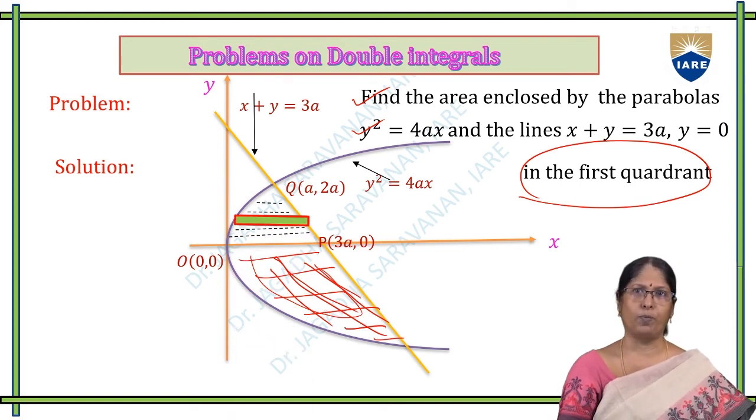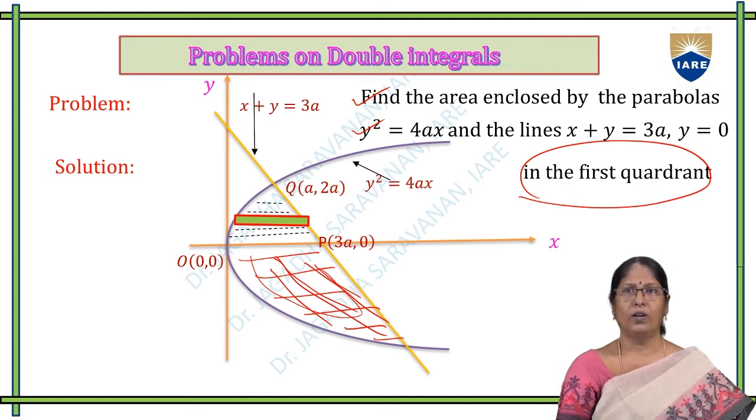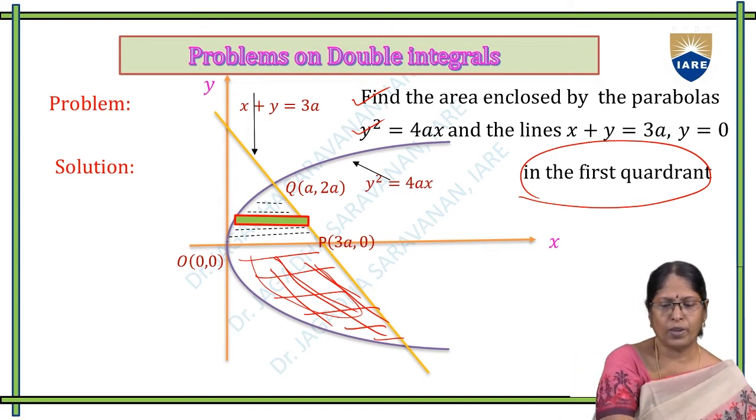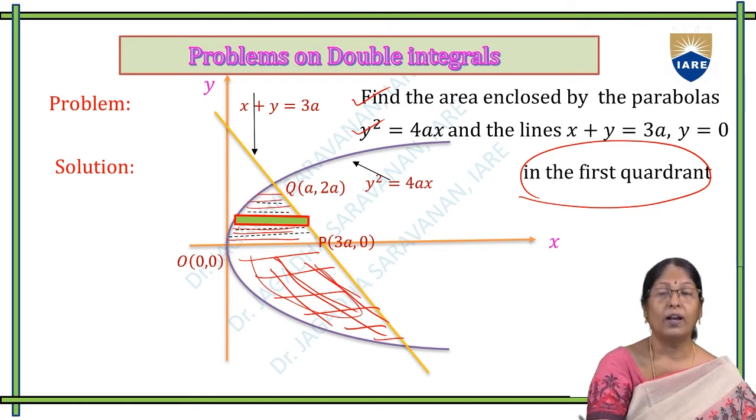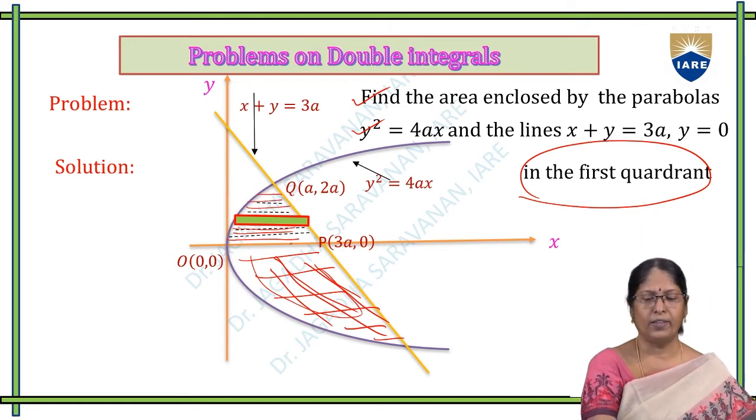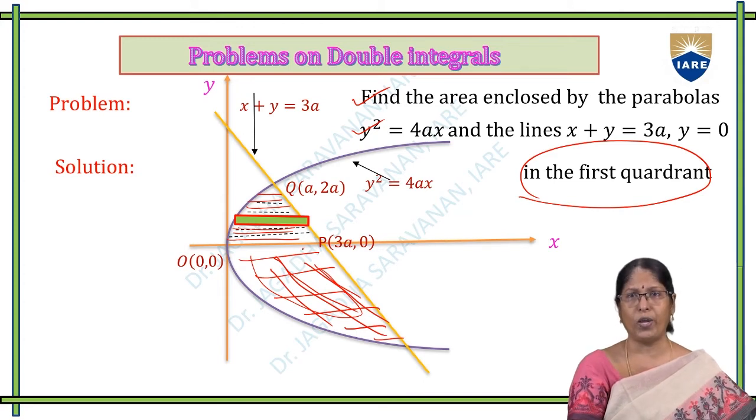How to solve this problem? To solve, we are taking the direction. Two ways this area of the region can be calculated. One is the vertical way, otherwise the horizontal way. In this particular problem, we have taken the horizontal way. The dotted lines, that is the horizontal lines, occupy the region to be evaluated.